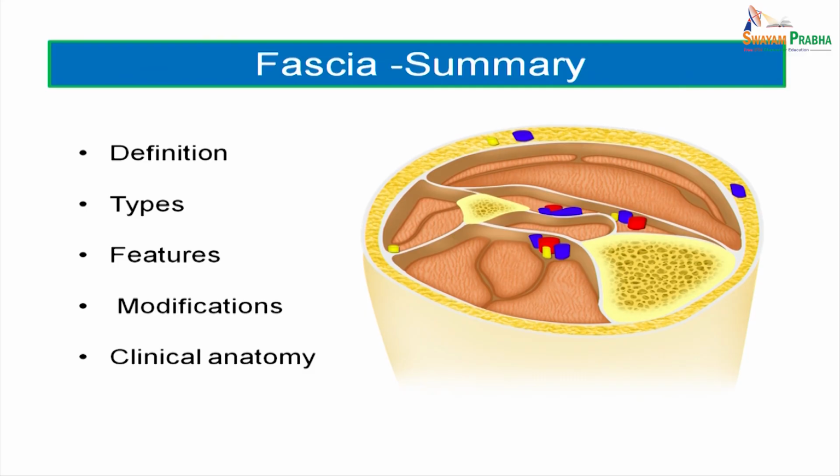And like I said before, I do not know how much justice I have done, because skin is one big topic. All I have done is to briefly outline the layers of skin, functions, and the modifications of fascia.